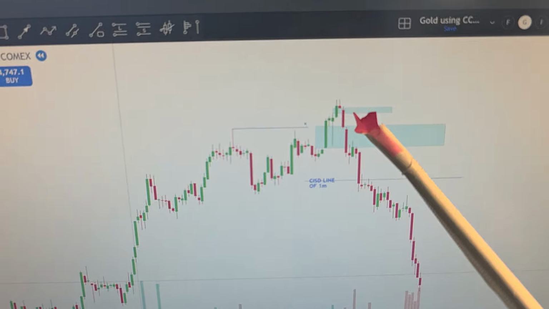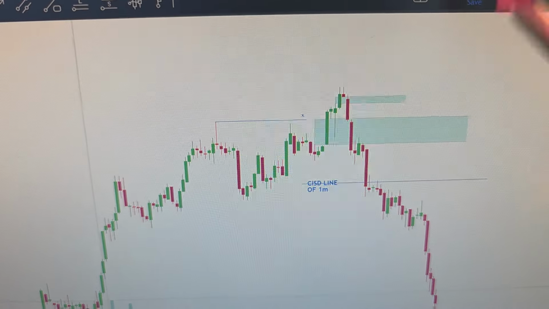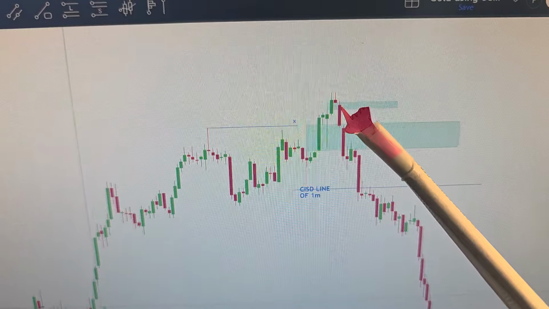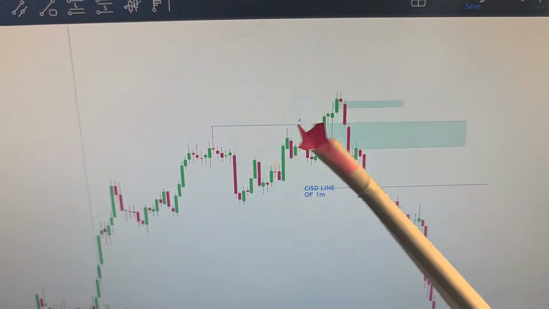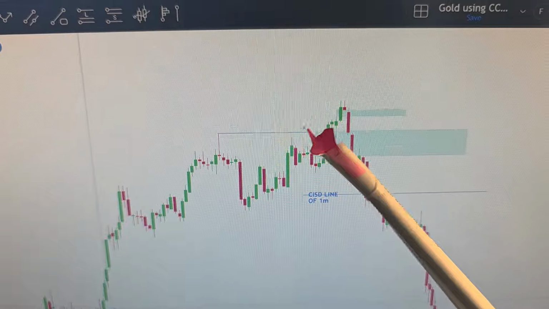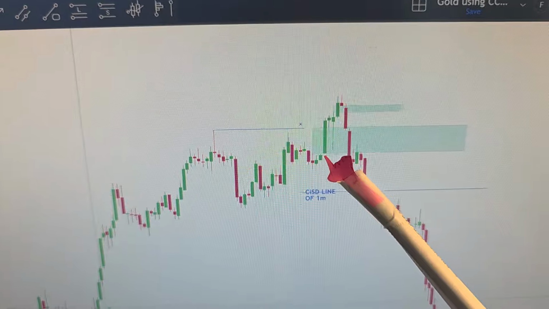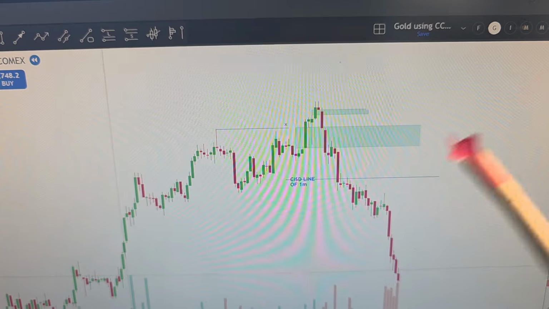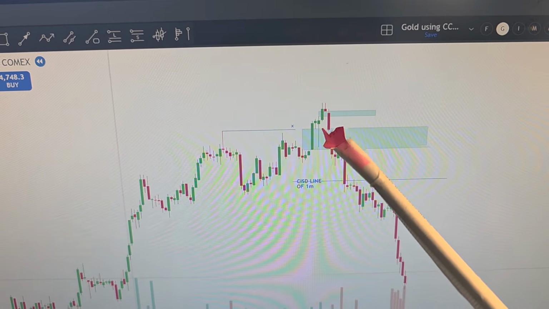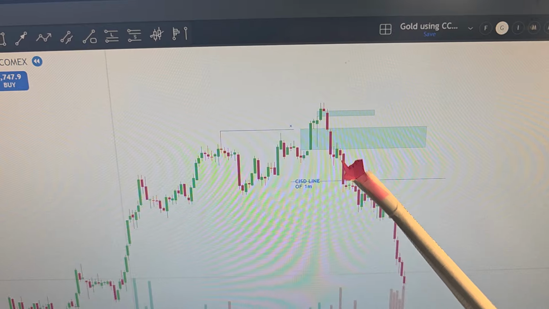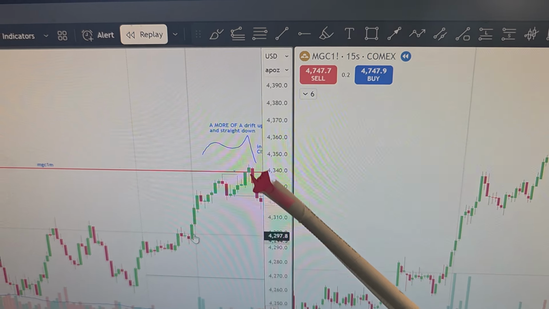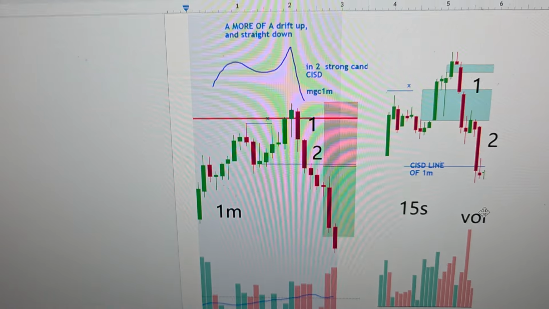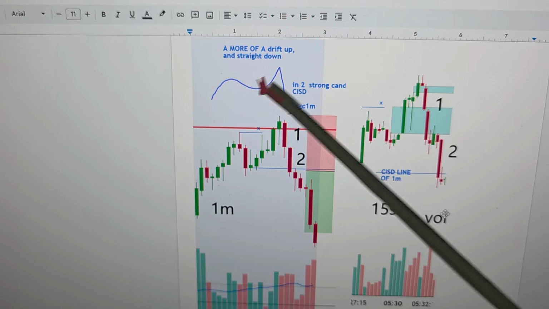And also, before we got to the SysD line, we actually had an inversion of a fair value gap on the 15 second. We had this sweep denoted by the X. We also had yet another inversion of a fair value gap on the 15 second with closing. So this is this, and this. And this.